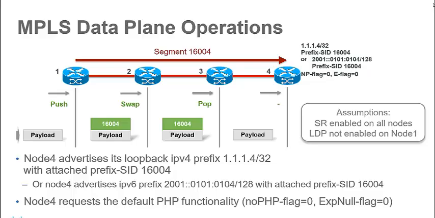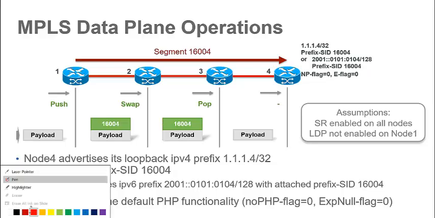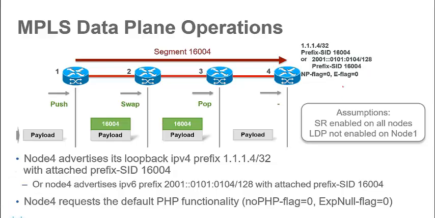Now, prefix SID is exactly this. Look here. We have router 4 with a prefix SID 16,004. Why?